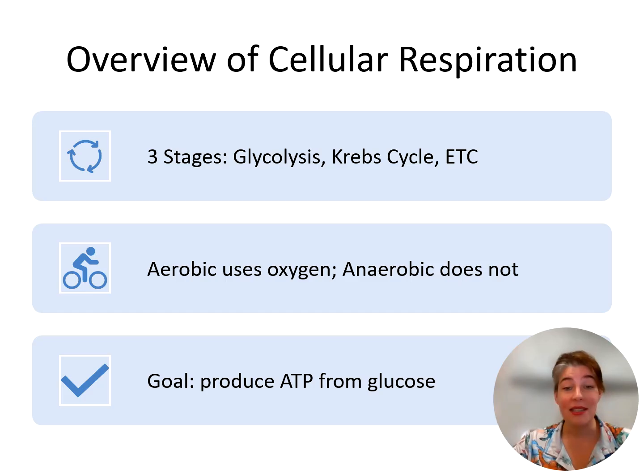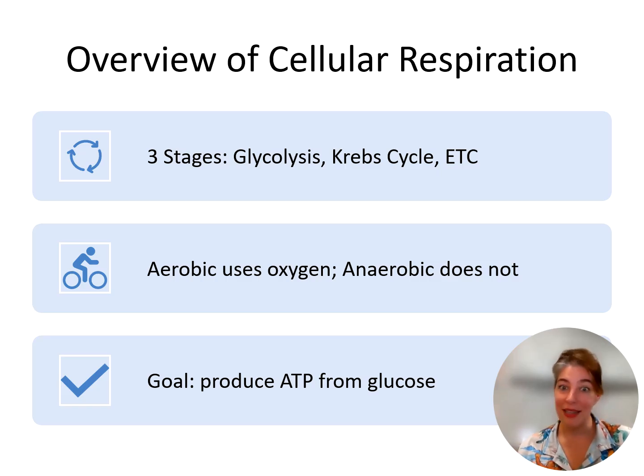So now let's think about cellular respiration. We're finally getting into the content. So cellular respiration is how your eukaryotic animal cells in your body make ATP from food, especially glucose. We've talked about photosynthesis and how glucose is a byproduct of photosynthesis.